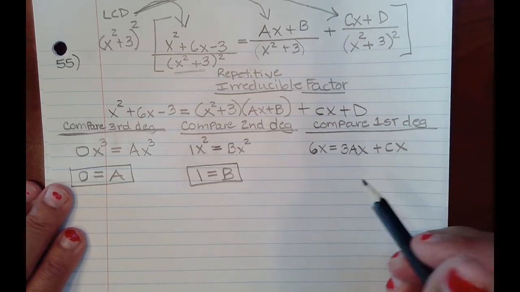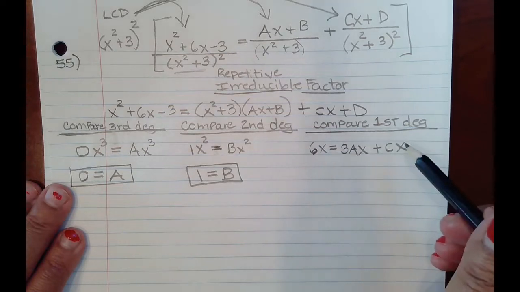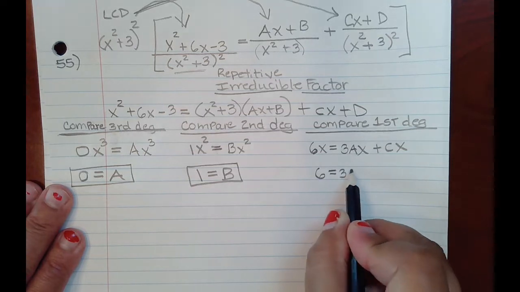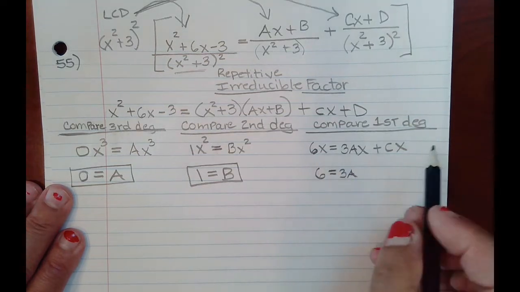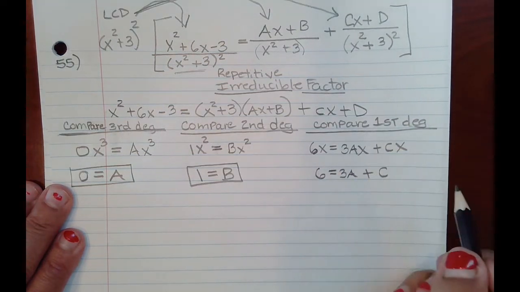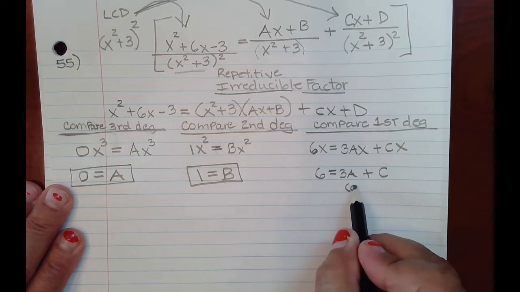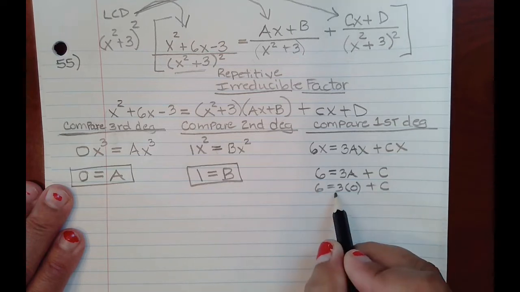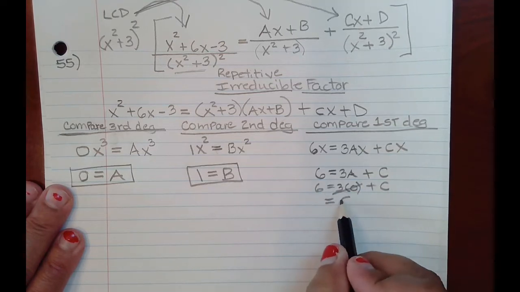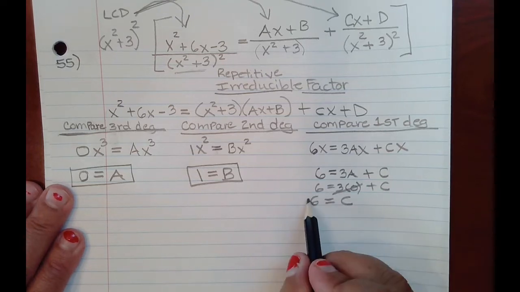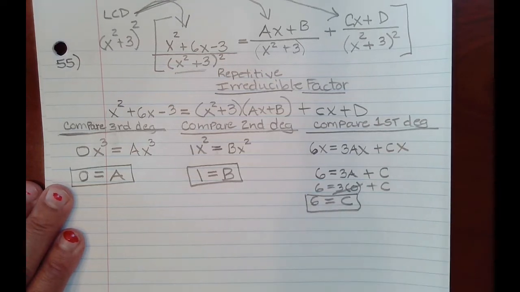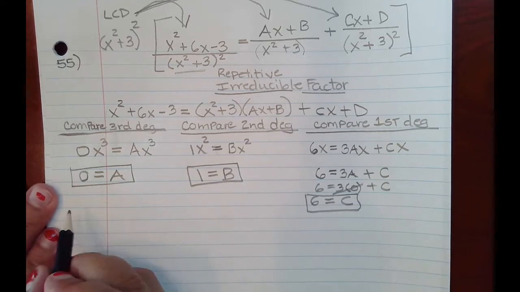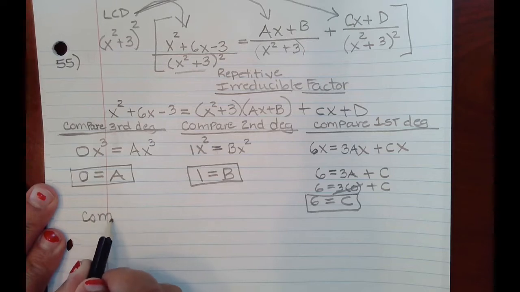Don't forget, once you've identified all the first degree terms, you simply work with the coefficients, which is everything. You just drop the x's and use everything else. Okay, we already know that a is 0. So this would be 0 and c would be 6. Now we know 3 values. Going in for that last value, we have nothing left to compare but constants. So that's what I'm going to compare now.